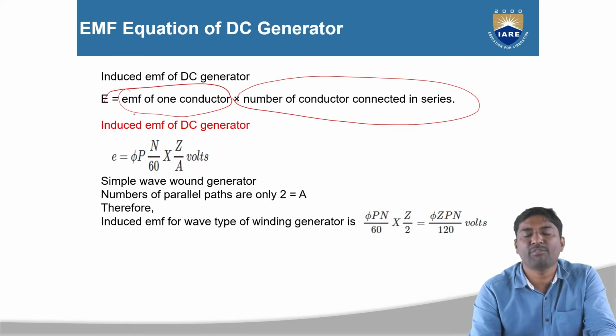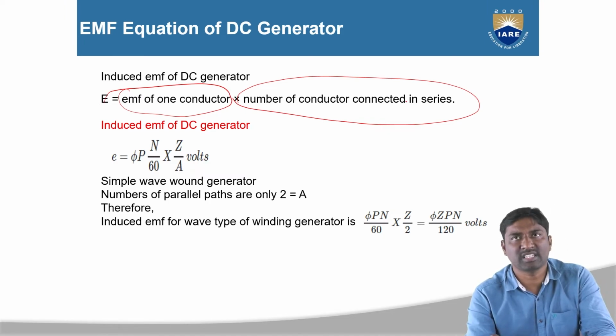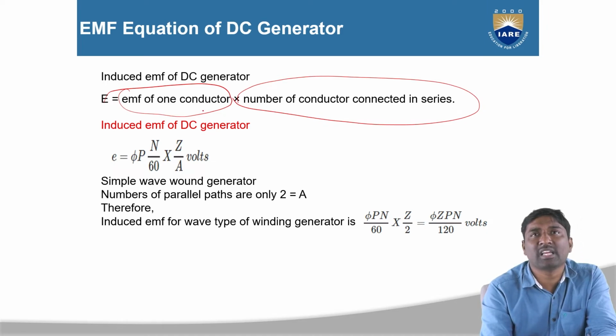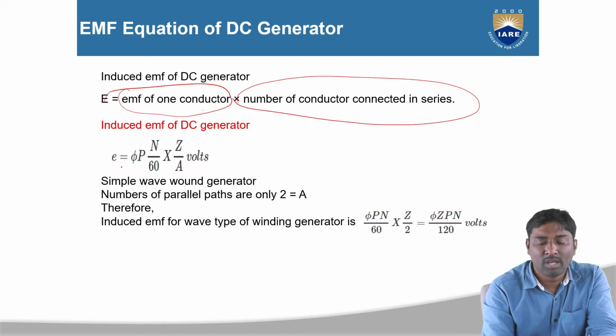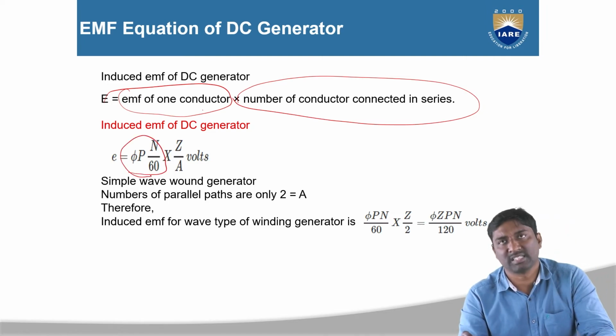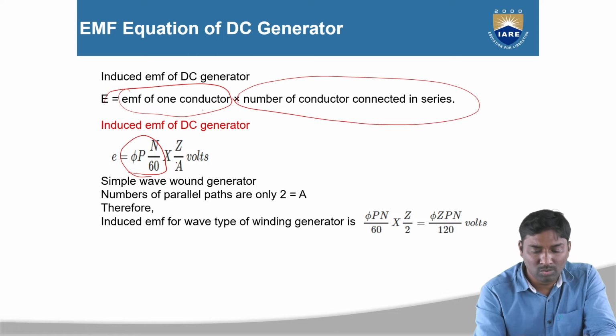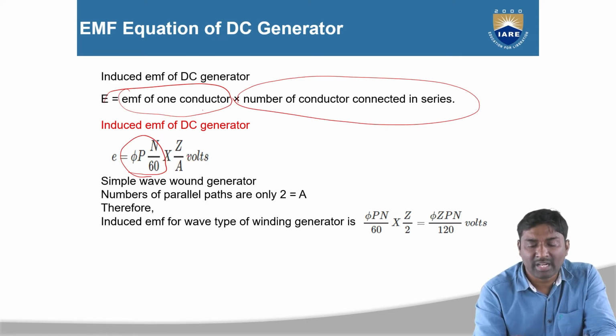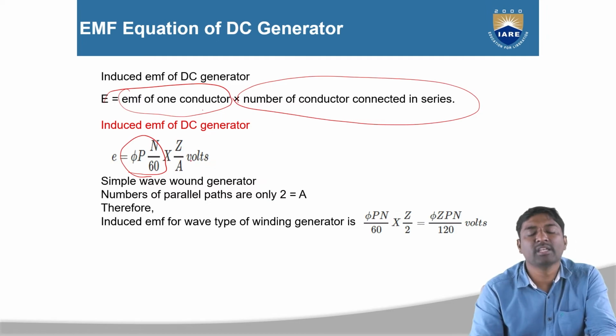This is the EMF equation of the DC generator. The EMF of one conductor is E = PφN by 60, into Z by A, because the number of conductors connected in series is equal to Z by A.